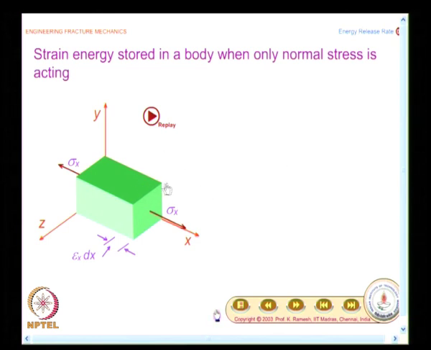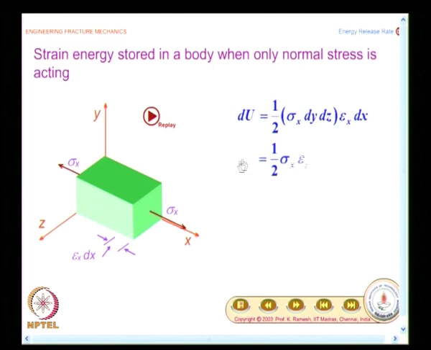So, what you have here is a small element, and you are having only normal stress, because of that the element has elongated, and you can find out the force which is acting on it, you can find out the corresponding displacement, and it is fairly straightforward.